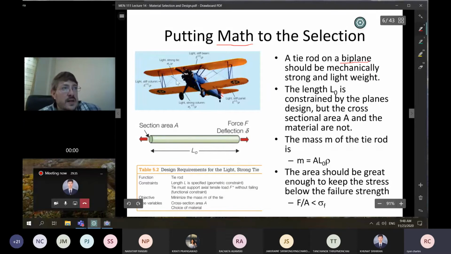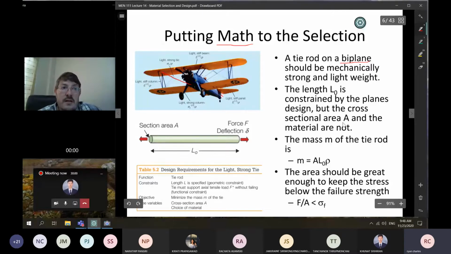And then we look at constraints of this. What are constraints? Well, the length is constrained, right? It has to go from here to there. It's a fixed length, right? Which is a kind of an obvious constraint in this case for design. It has to fit in a certain area. So the length is constrained.